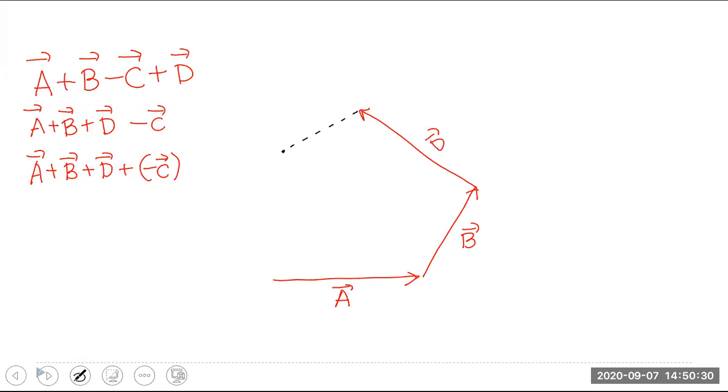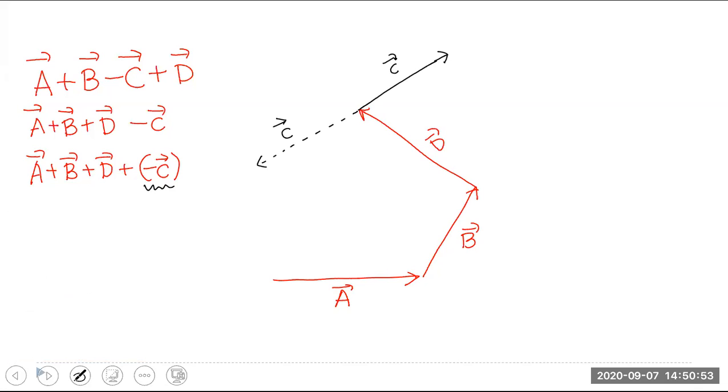Here's C. So I'm doing it with a dotted line because I don't want to add C to it. I want to add minus C. So I've connected them all head to tail, but I want to add a negative C. So I would draw something like this, making sure it's the same length, like that, right?